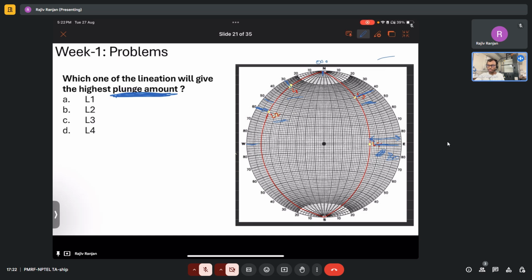To eliminate one of L3 or L4, we have to see the amount of plunge in L3 and L4. It's clear from here, if you move to the north-south direction, we have a small gap here and a larger gap here. So in the north-south direction, L4 will give us the highest plunge amount.